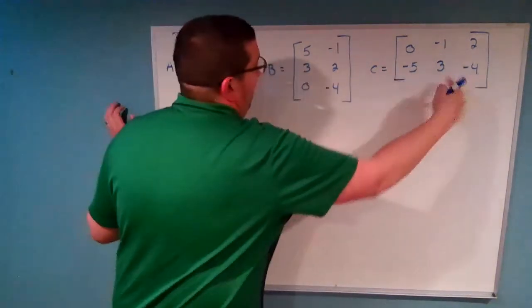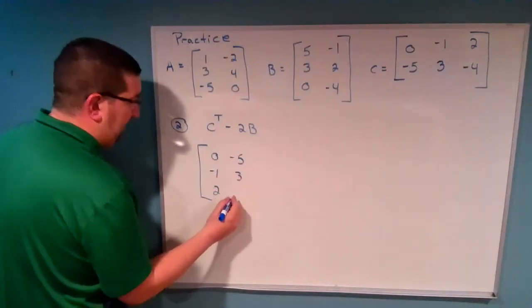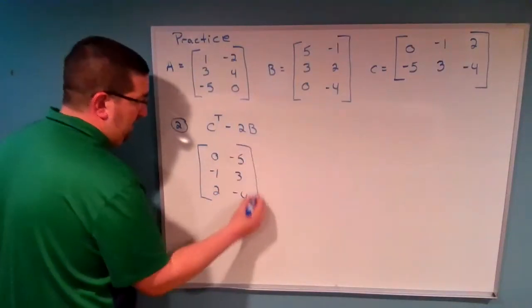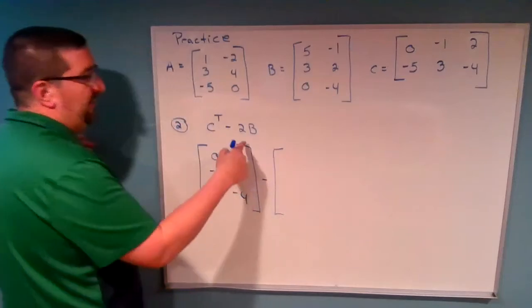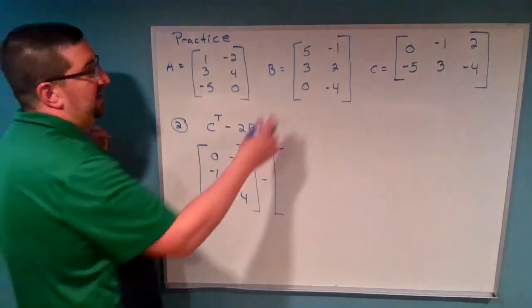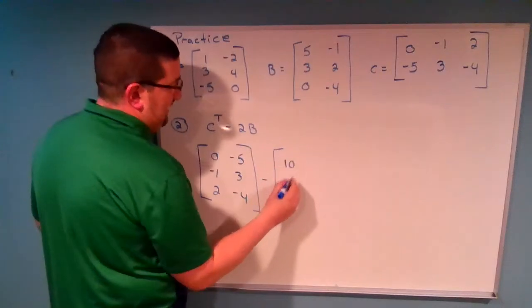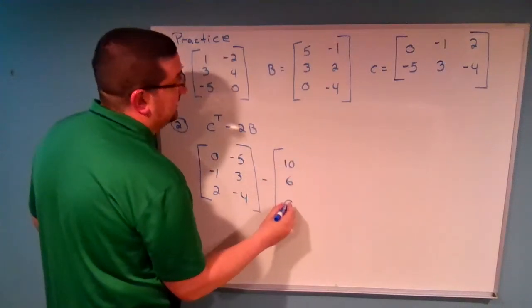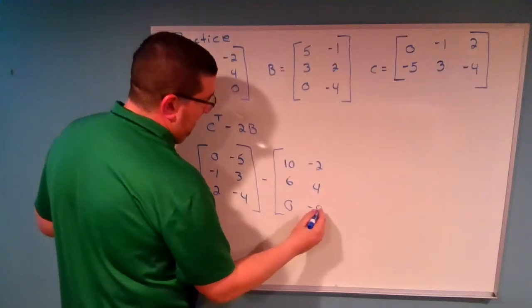The second row becomes the second column. So negative 5, 3, negative 4. And that's going to be subtracted from 2 times B. So 2 times B would be 10, 6, 0, negative 2, 4, negative 8.